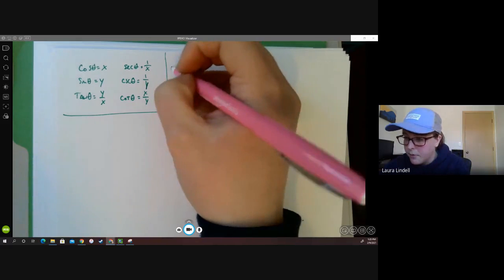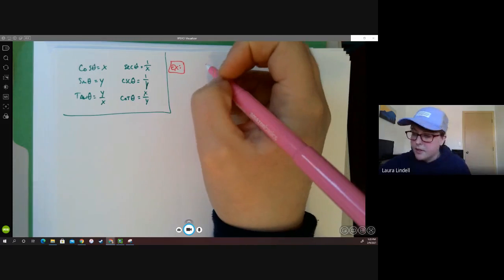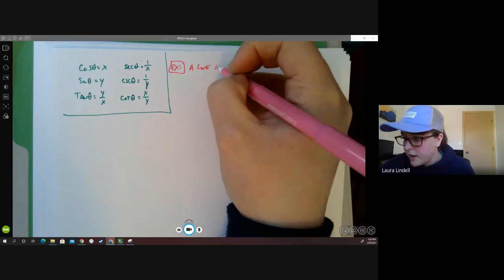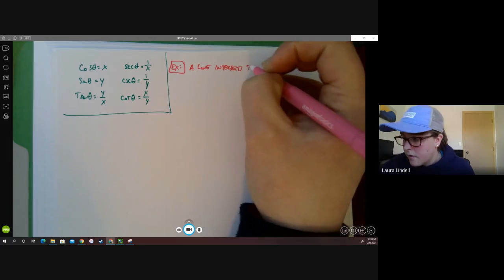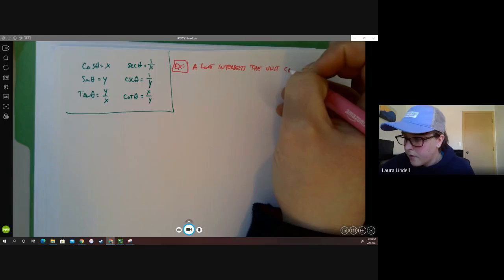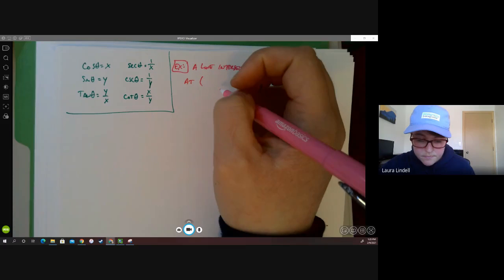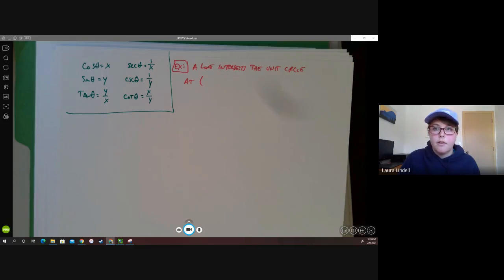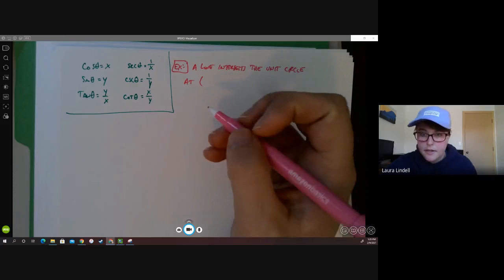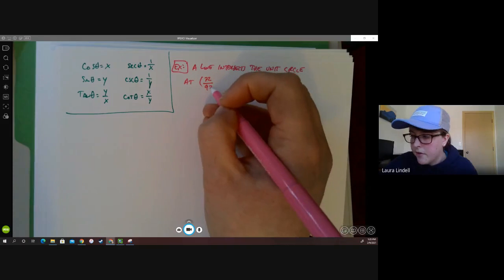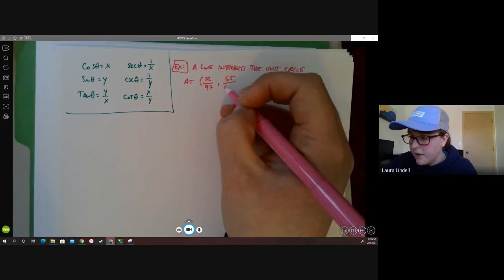Okay. So keeping that kind of in the back of our mind here as we go, here's the other kind of question that we're going to be confronted with. It's going to say a line intersects the unit circle at the coordinate 72/97, 65/97.